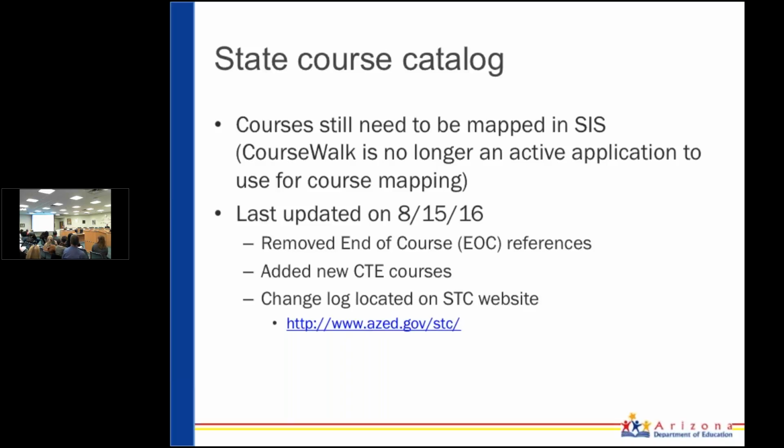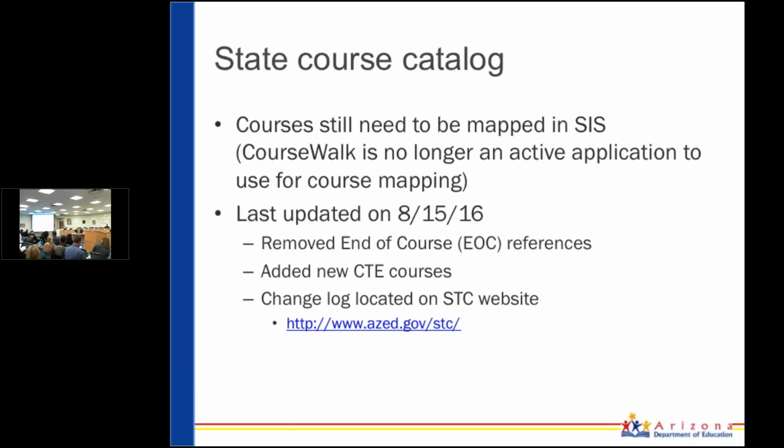Because what used to happen is if you had your courses mapped in CourseWalk, SRM would go and validate against CourseWalk and then come back. And then if they weren't in there and mapped correctly, you'd get an error. And so remember, over the last couple of years, we had been encouraging you, we knew this was coming, to put all of your course codes inside your SIS, right?